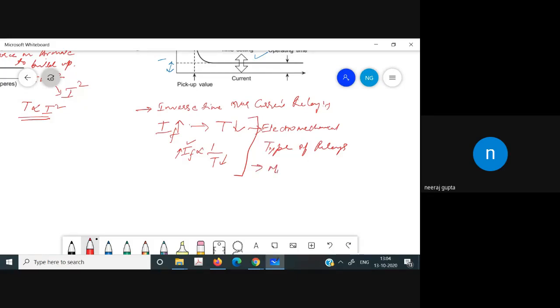Recently we are using microprocessor based relays, and in these any type of time current characteristic can be obtained.